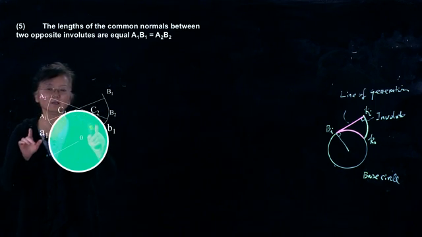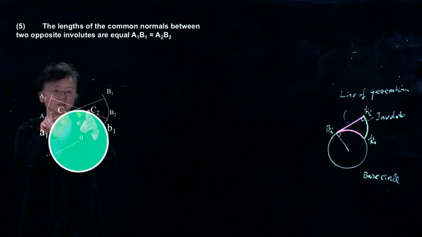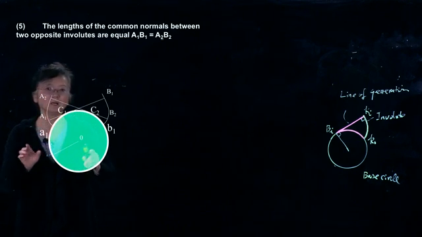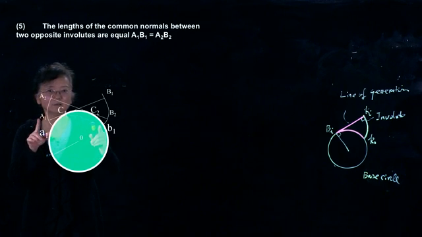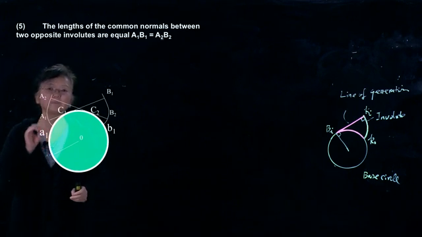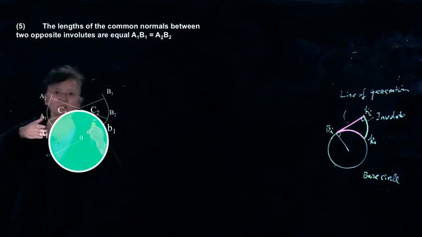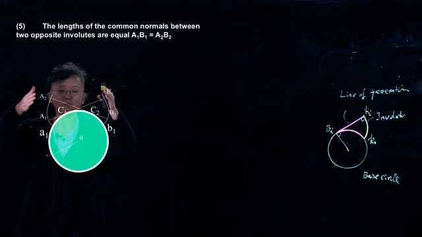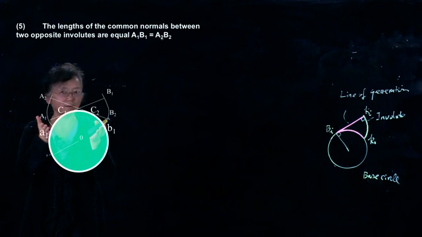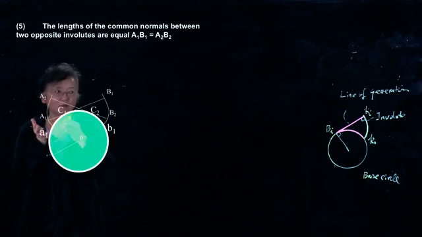All right. So each is tangent to the base circle, this one at C1, this one at C2. But each of them starts at a fixed location. This one from A1, this from B1. So that means these two involutes, no matter where we are drawing this common normal, they share the same arc length, A1 and B1.